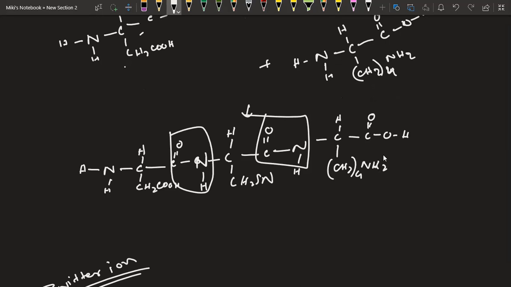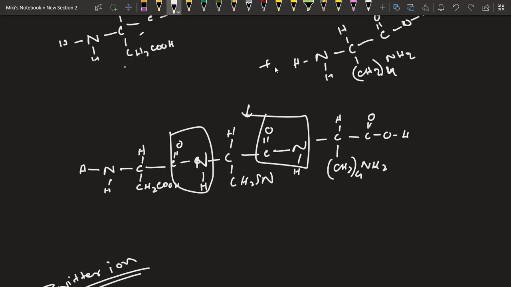However, carboxylic acid has a tendency to lose a positive charge. That means it can donate an H plus. Here it can donate H plus, and here it can gain an H plus. After donating H plus, this will form COO minus, and this one will form NH3 plus.